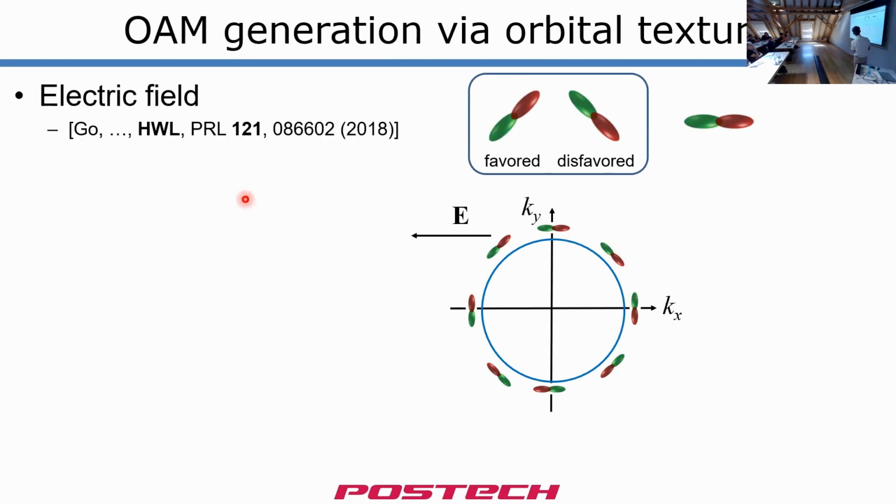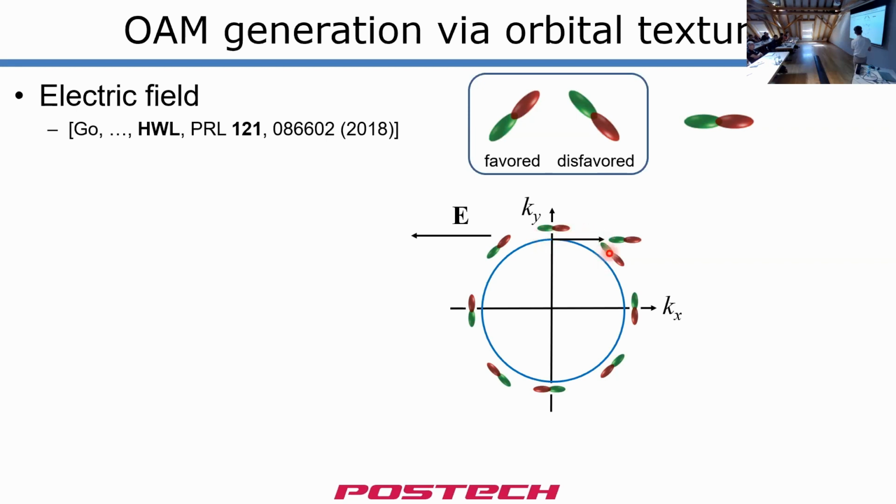So I may say that this is an orbital texture. And we discovered, actually Dongwook discovered in 2018, that if we apply an electric field in this configuration with orbital texture, electrons can generate this superposition. For instance, suppose I start from here, an initial electron will acquire momentum.